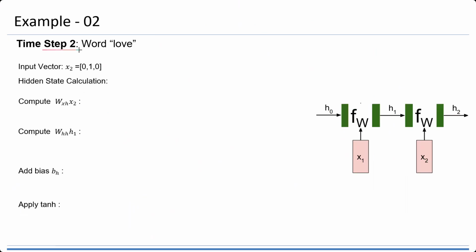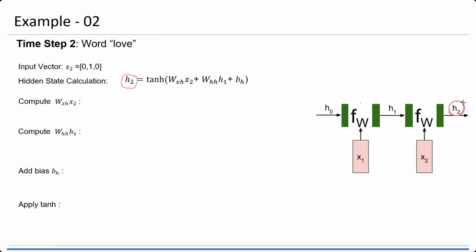In time step 2, or the next round, let's use the word love. Then in the word love, we have X2, this is 0, 1, and 0. Again, using the same formula for the hidden calculation. Now we are going to calculate the H2.